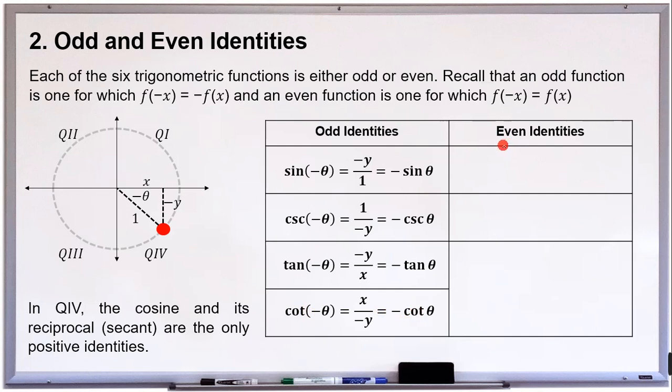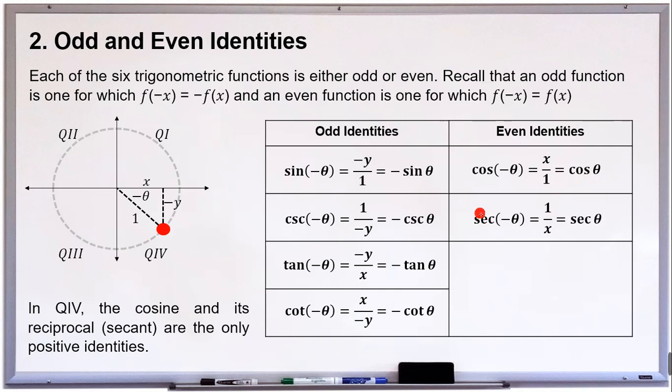For our even identities, we only have two, as I have mentioned from this statement. We have the cosine of the negative of the angle equal to x over 1, or that is equal to the cosine of the positive of the angle. So even if we have a negative acute angle, the cosine is still equal to the original, that is if the angle is positive.